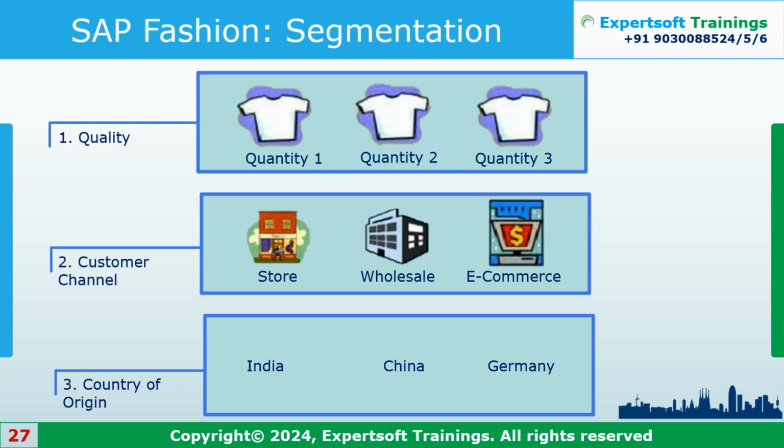For example, now let's say the wholesale customers that the fashion client has are residing in different countries, and there is a rule set up which says that customers belonging to Europe and North America will by default get quality 1 stock and the pricing will vary accordingly. The customers in specific countries in Southeast Asia will by default get quality 2 stock.